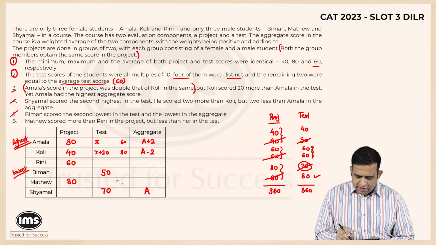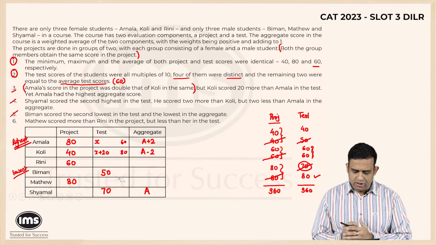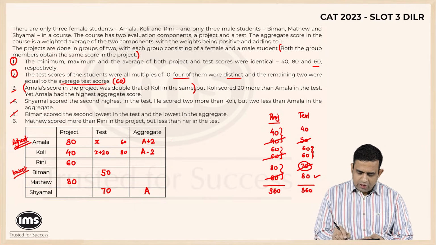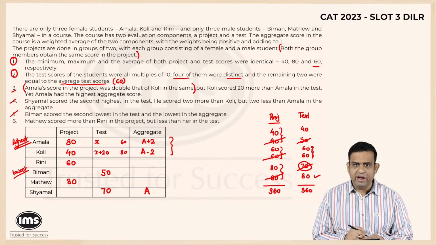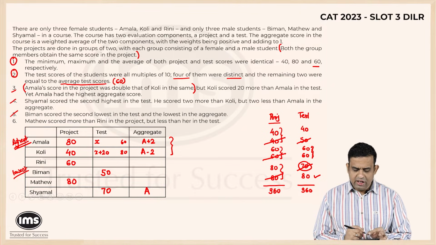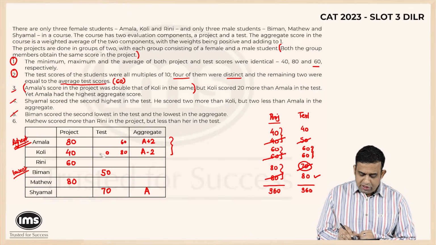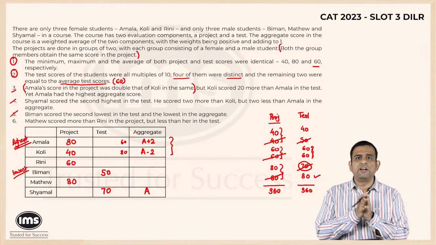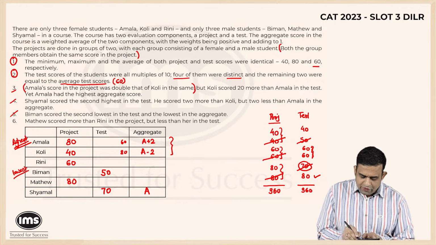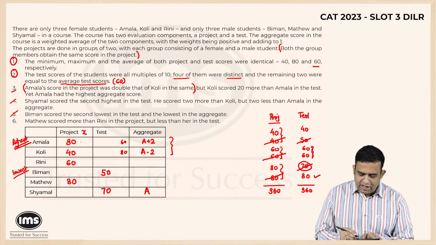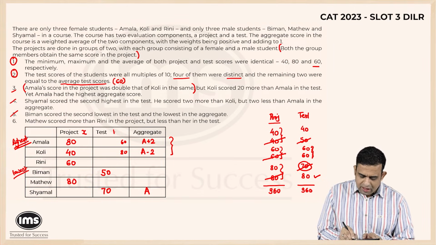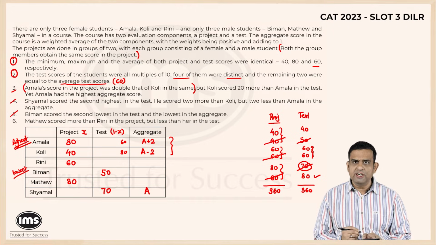And if that is known, things are going to become slightly simpler. Because the moment I got this, I can take the help of the aggregate of Amla and Kohli, and we can figure out the respective weight given to the project and the test component. Suppose we have given a weight of x to the project, this would mean a weight of 1 minus x to the test.